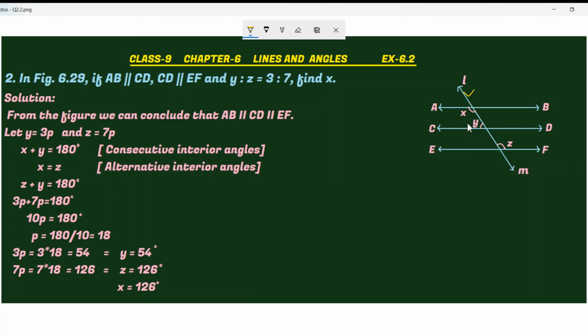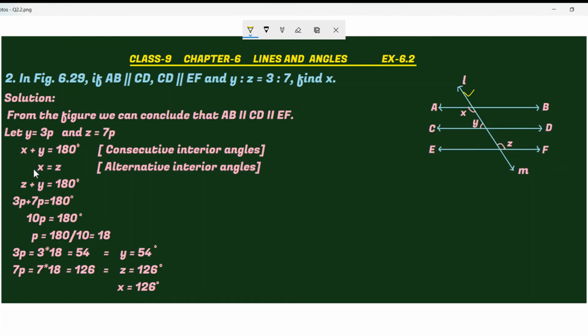So I am going to write the equation x plus y is equal to 180 degrees because these two are consecutive interior angles. And x is equal to z because AB is parallel to EF and LM is a transversal, so these two are alternate interior angles, which are equal.